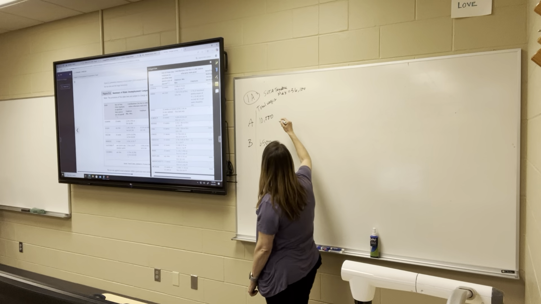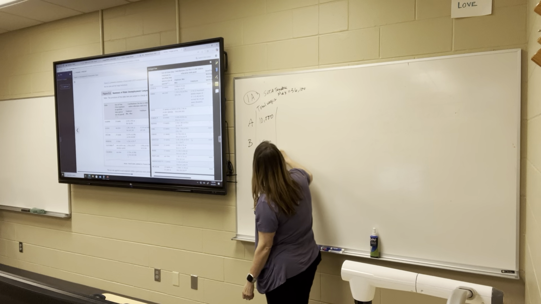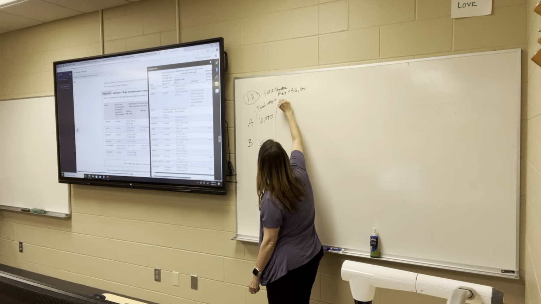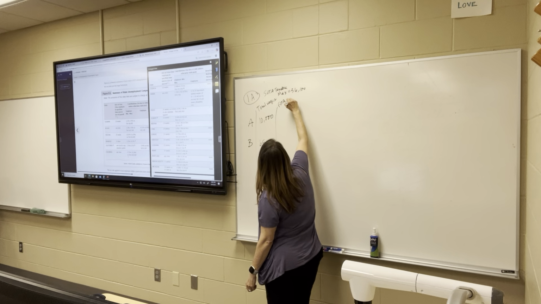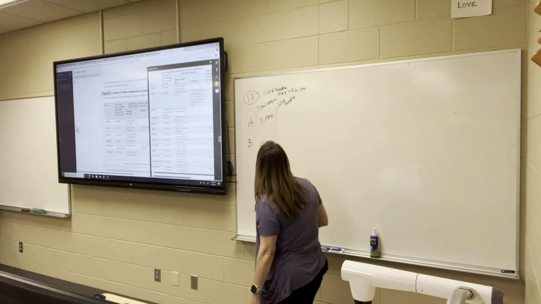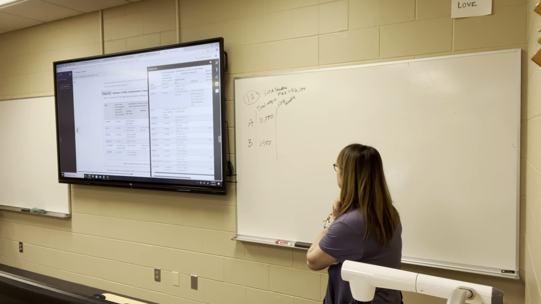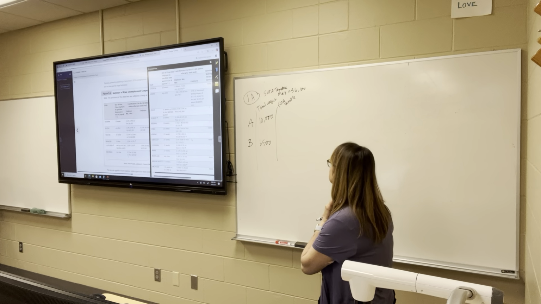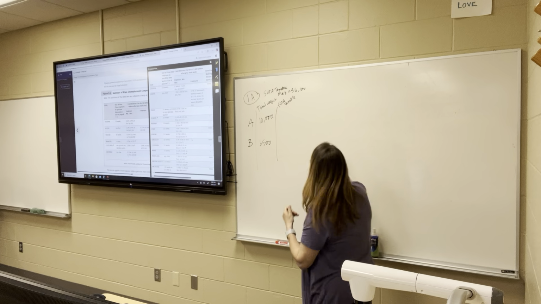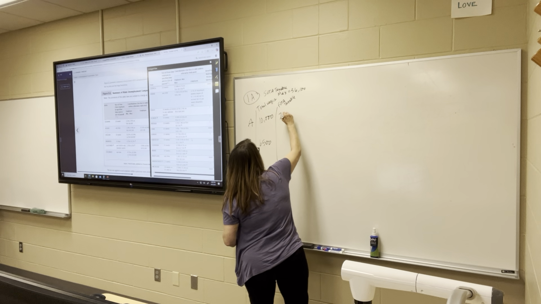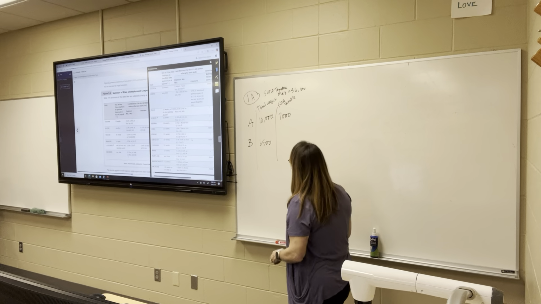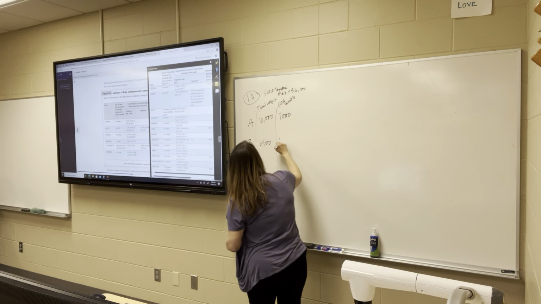All right, so for FUTA taxable, let's do FUTA first. FUTA taxable, how much of employee A's wages were taxable? Yeah, $7,000. What about employee B? All of it, right. $6,500.